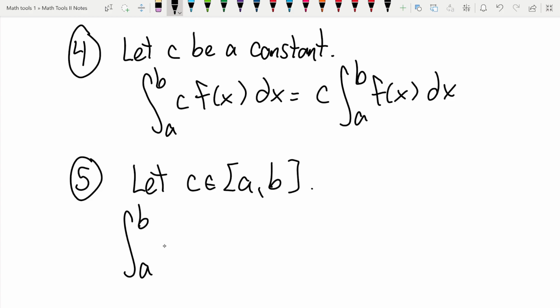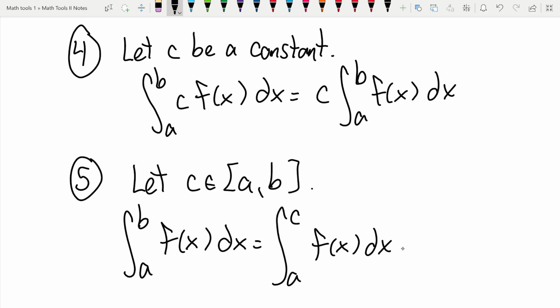Then the integral from a to b of f of x dx is equal to the integral from a to c of f of x dx plus the integral from c to b of f of x dx. In other words, we can break it up over different parts if we want to.